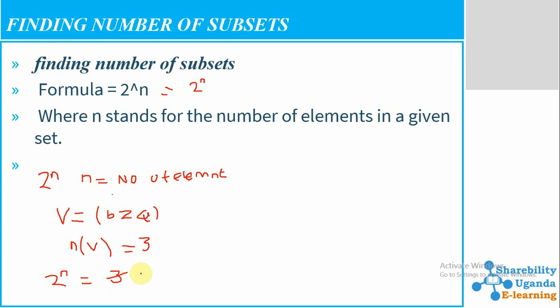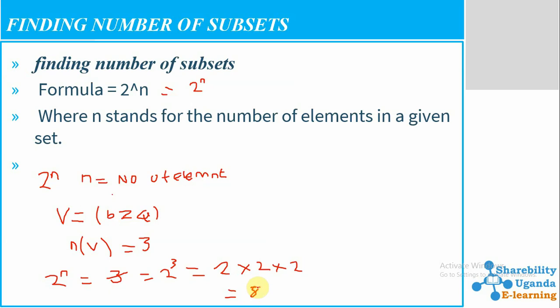Our 2 to the power n will be equal to 2 to the power 3, where 2 to the power 3 is the same as 2 times 2, 3 times. Now here we can get the answer. What is our answer here?